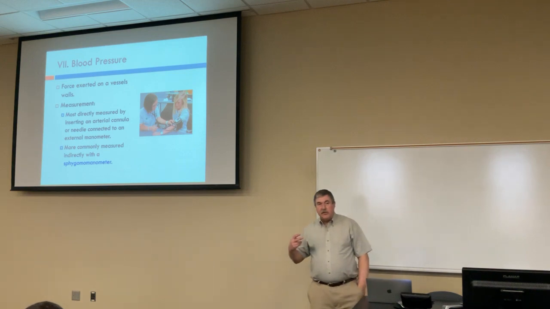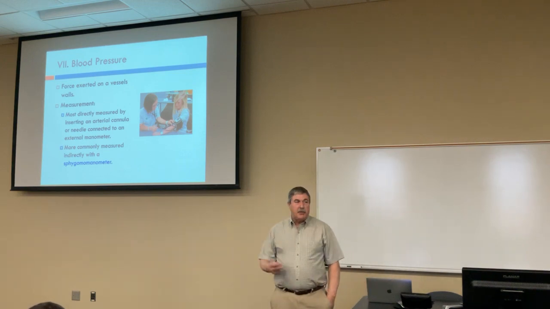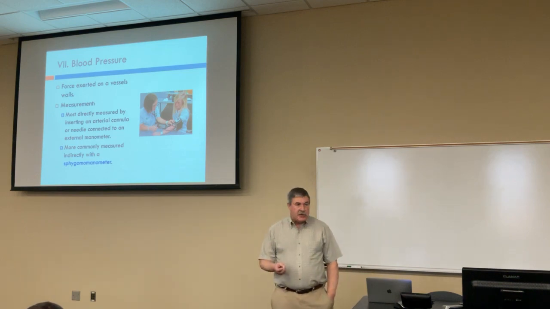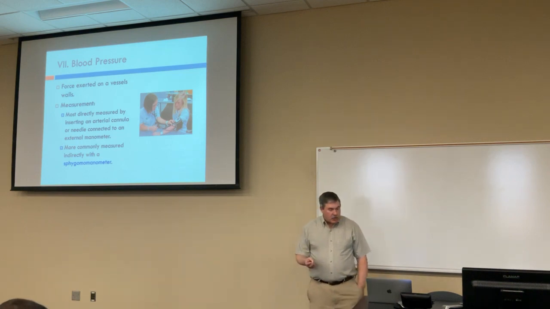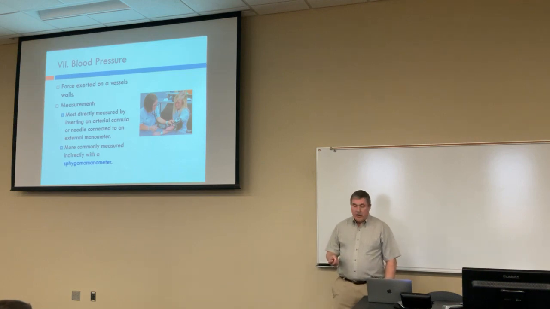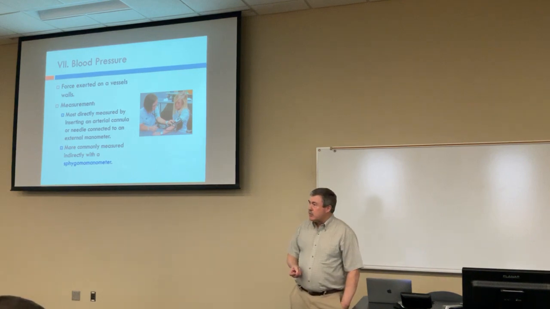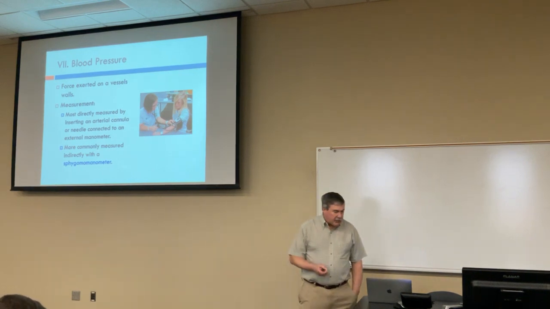There's two different types of measurement of blood pressure. The first, which is probably the least common of the two, is a direct measurement, and this is most commonly done in research, like research on blood pressure in laboratory animals.